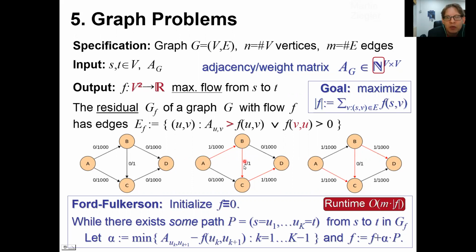So a flow of 1 unit in this direction and a flow of 1 unit in the opposite direction basically means that the two flows cancel and nothing flows. And that's reasonable physically. And we use that here algorithmically in the definition of the residual graph with this second condition that I now had the great opportunity to finally explain.